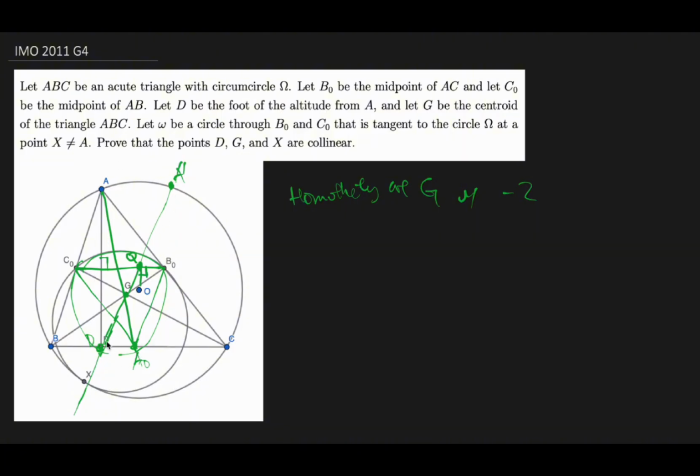So D will map to A prime, and that means that DG has to be collinear with A prime, or that these have to be the same line, specifically with a ratio of 1 to 2, but we don't care much about that in this figure. So we have proved that DG and A prime are indeed collinear.